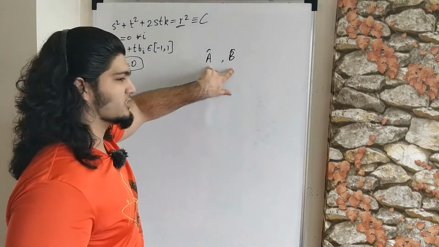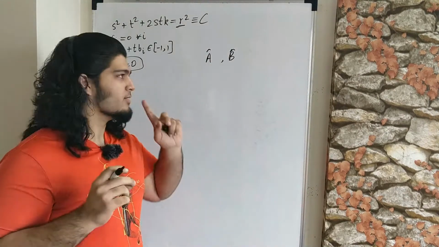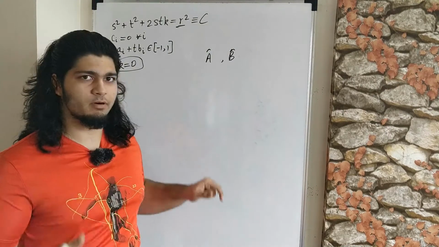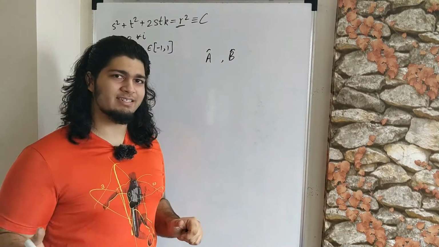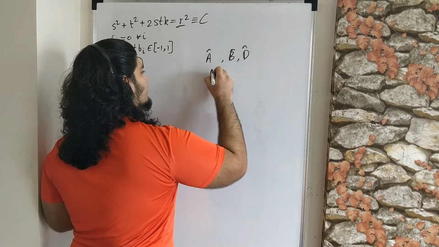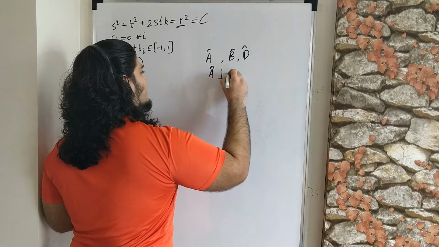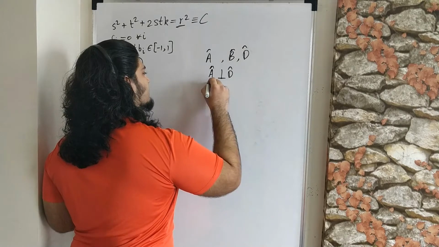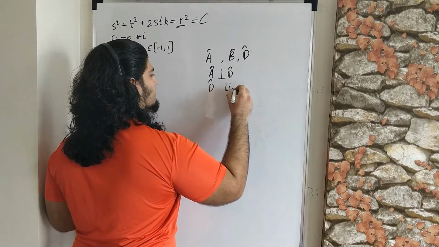These two vectors are the defining vectors for that plane. But even though these two may not be perpendicular, we can always find some new vector, let's call it d hat, such that a hat is perpendicular to d hat and d hat also lies on the plane.